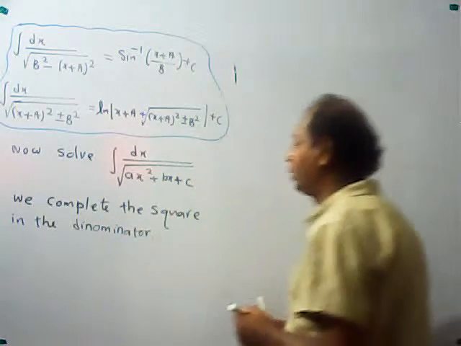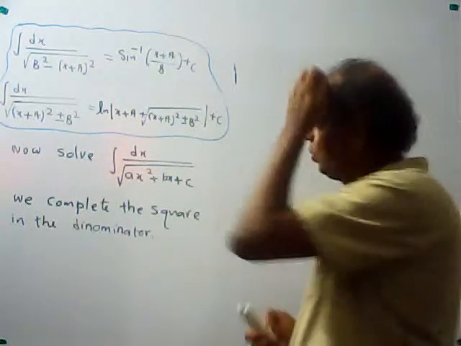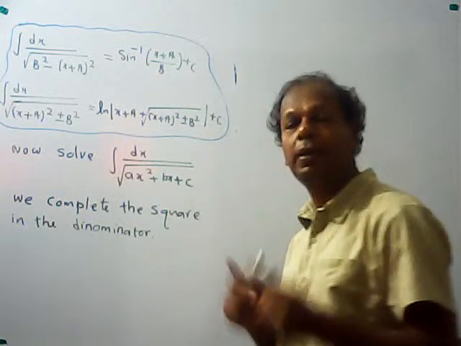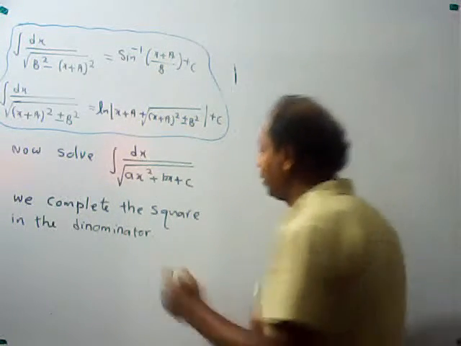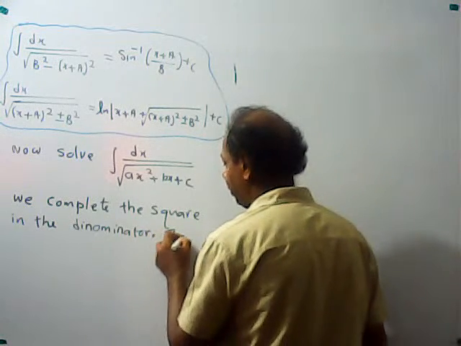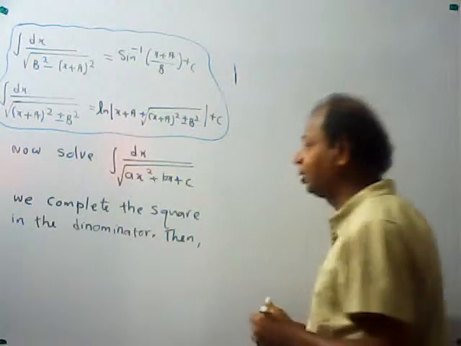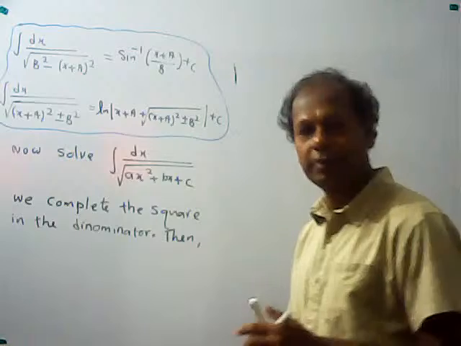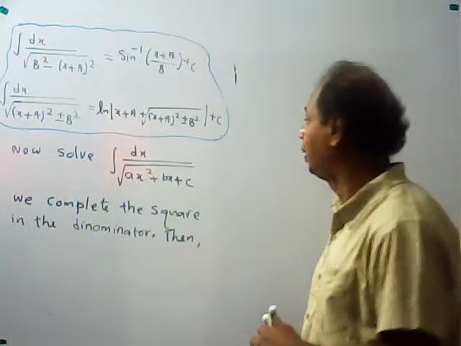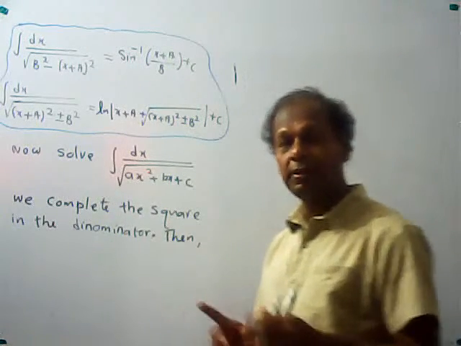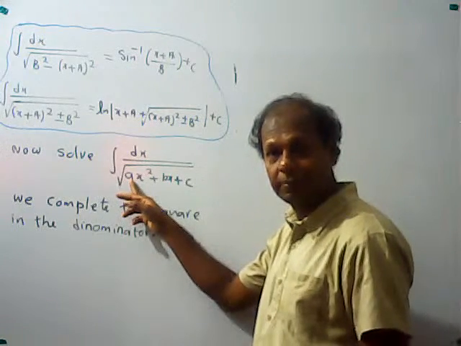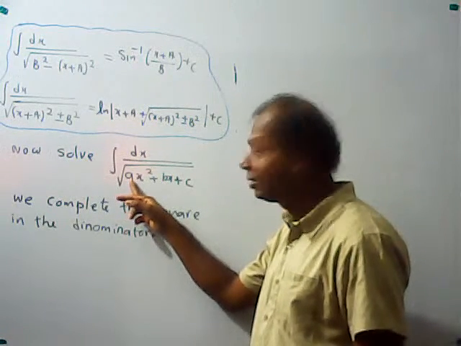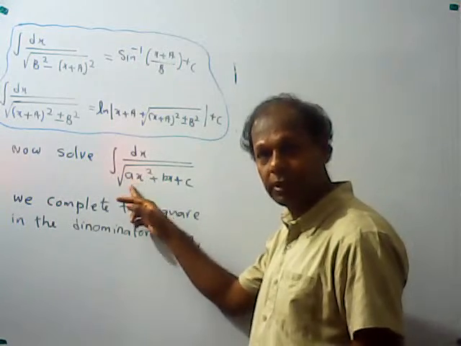Doing so, there are two possible outcomes. The final result is determined by the coefficient of x square.